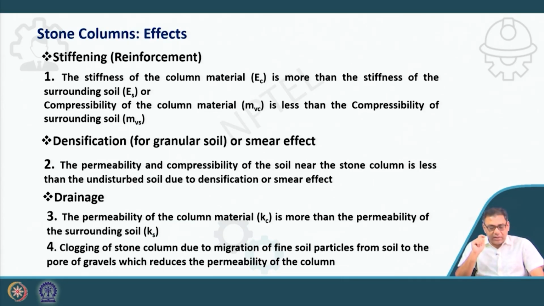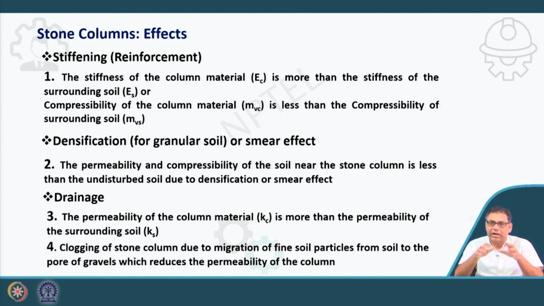What is that? The permeability and the compressibility of the soil near the stone column is less than the undisturbed soil due to the densification or smear effect. For example, suppose you have loose sand, and within that sand we are installing the stone column. During the installation there will be a densification of the surrounding soil.